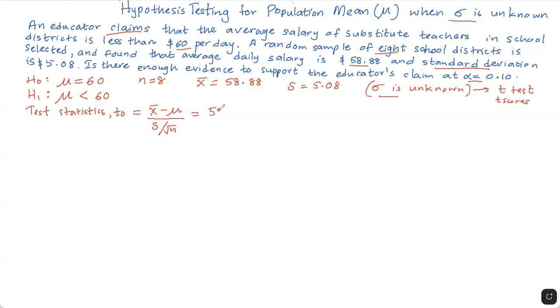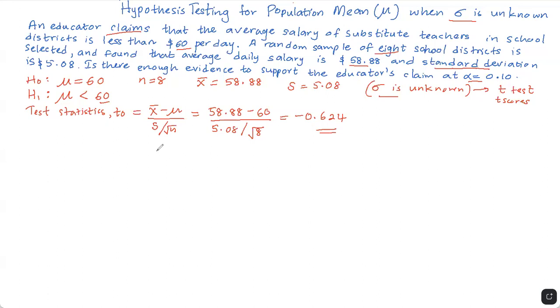So x bar is 58.88 minus mu is the hypothesized value, which is 60, divided by sample S is 5.08 divided by sample size is 8, square root 8. So the value of this t naught is negative 0.624.